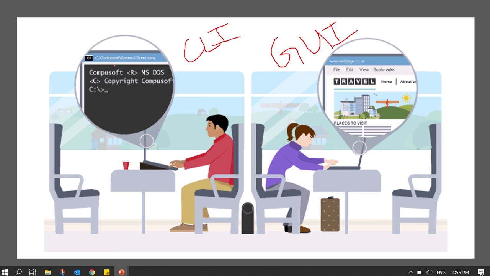The CLI has a black screen and it will have white writing on it. You have to type out the commands. That's how you interact with the computer. The GUI is also used for the user to interact with the computer, but it has graphics, it has icons, it has menus, and you'll have a cursor or a pointer to help you navigate, right?